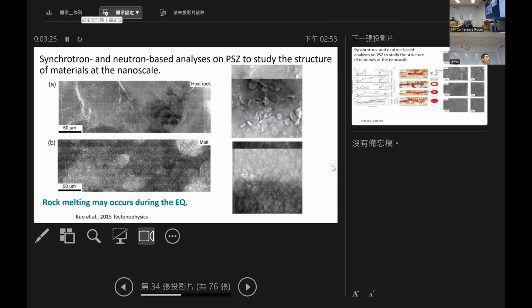The TXM is at the National Synchrotron Radiation Research Center, NSRRC, in Taiwan. And we apply this imaging technique to pseudotachylite and other materials, because pseudotachylite is a product of an extreme energy event, like high temperature and high pressure. So that's what we have.